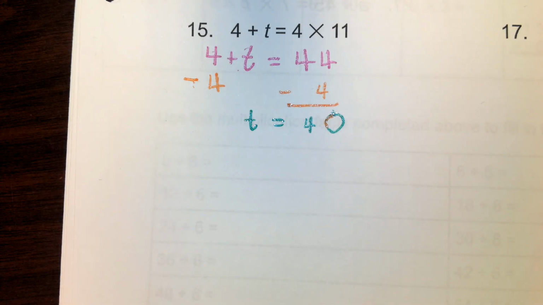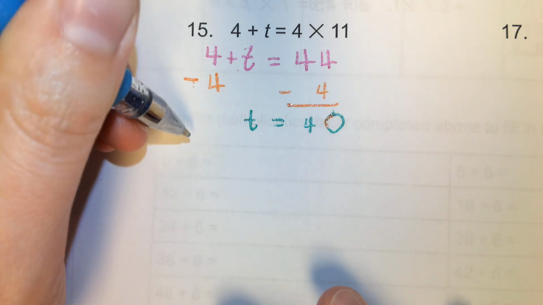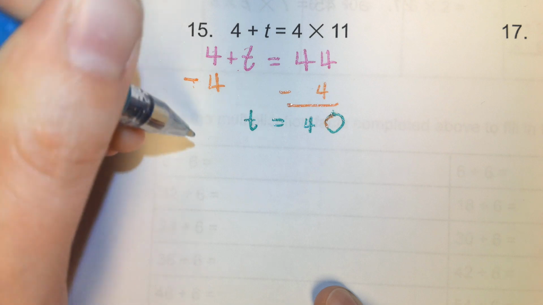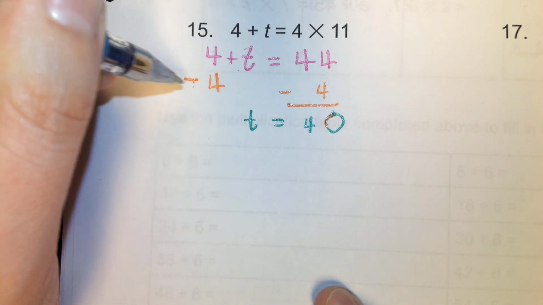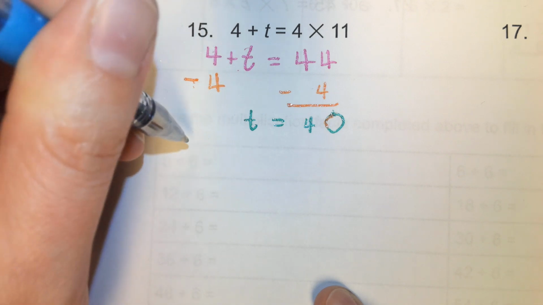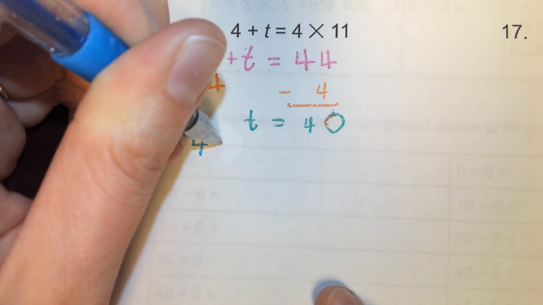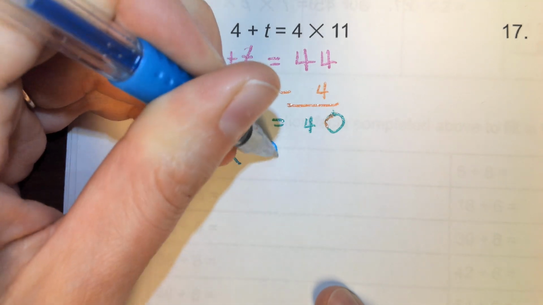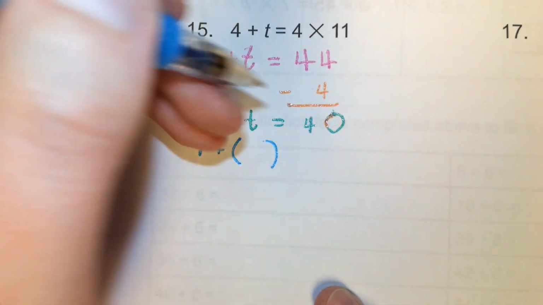Okay, that's great. That's awesome. So now we are going to check this. And then we're going to do this problem a different way so I can prove to you that we can just do it like this. So we have 4 plus some mystery number t that we think is 40. We're going to say it equals 4 times 11.